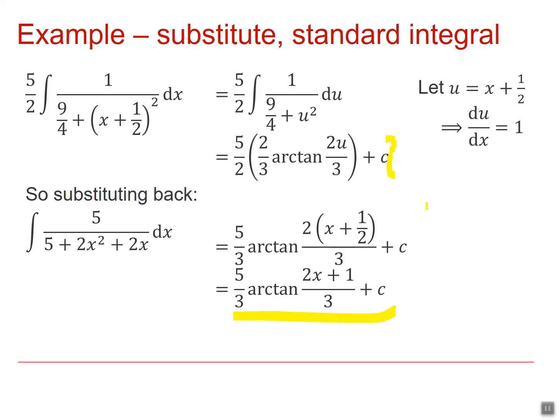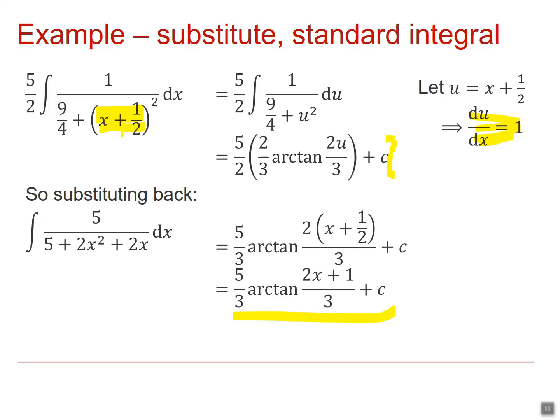We should perhaps ask ourselves if we could do that without using the substitution, and we've got over here du by dx is equal to 1, and that's always a good thing when we're trying this out. Go back to the original rearranged integral that we've got here, and inside the bracket, if you just hold that as a blob squared in here, then this is really 1 over a squared plus something squared.